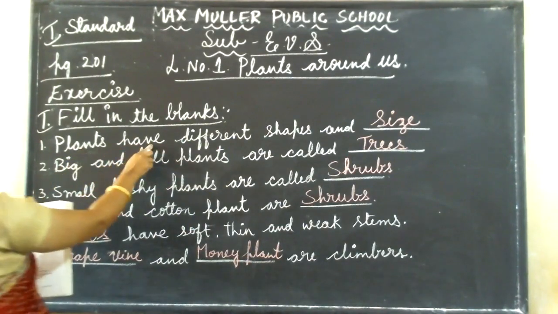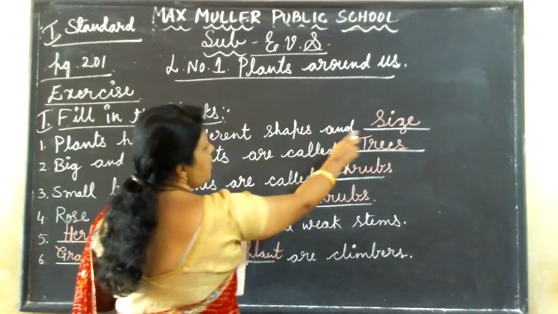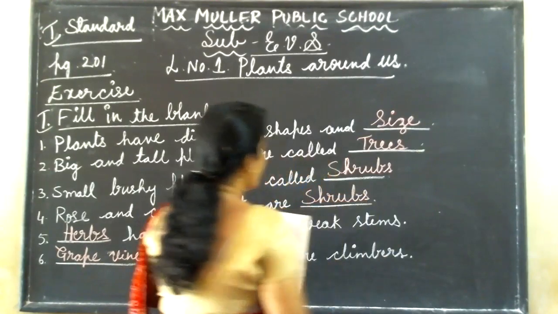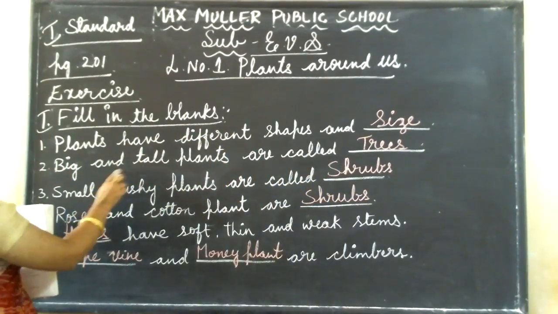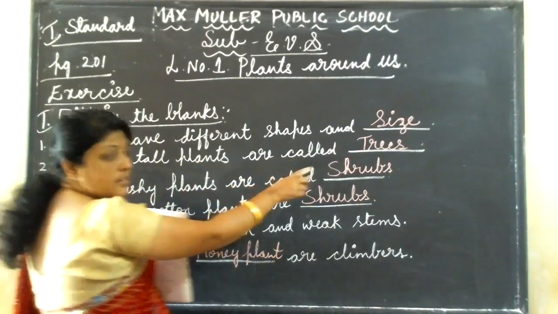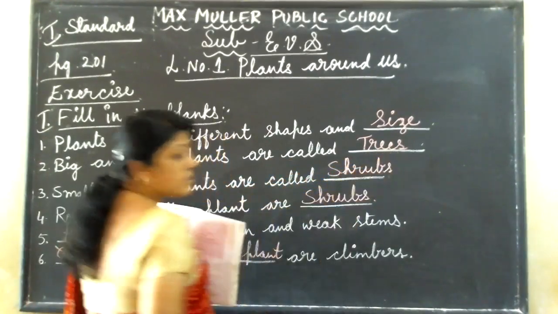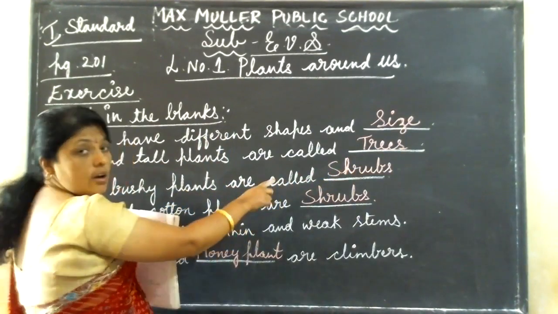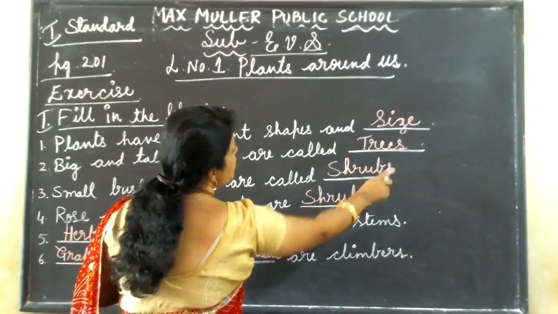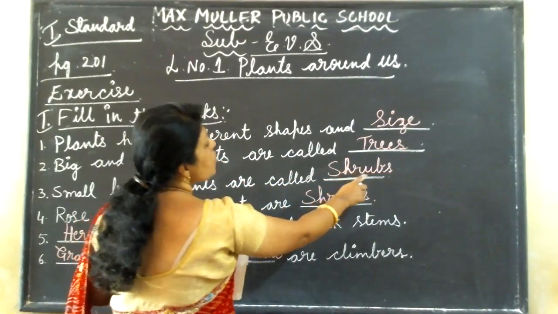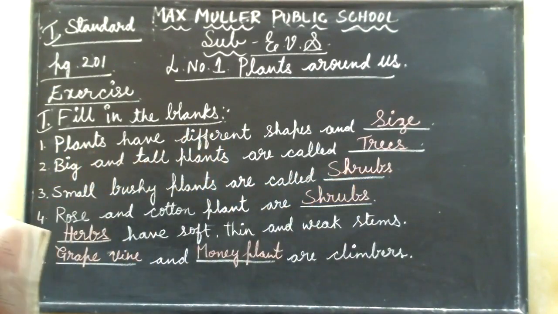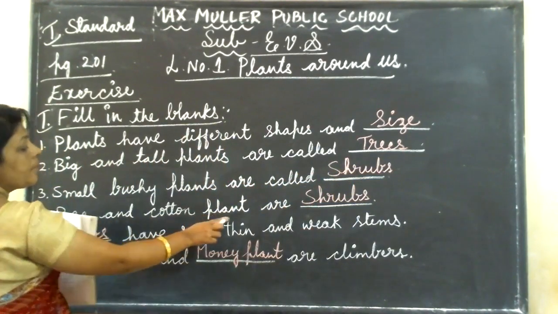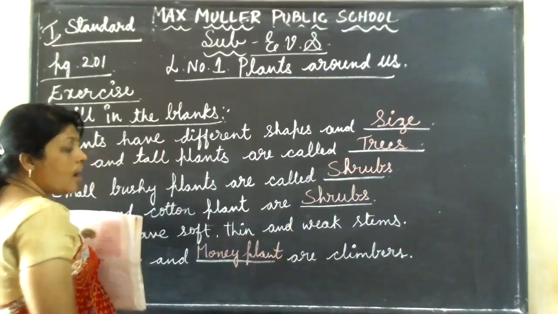Plants have different shapes and size. Then big and tall plants are called trees. Then small bushy plants are called shrubs. Say the spelling loudly while writing. Rose and cotton plant are examples of shrubs.